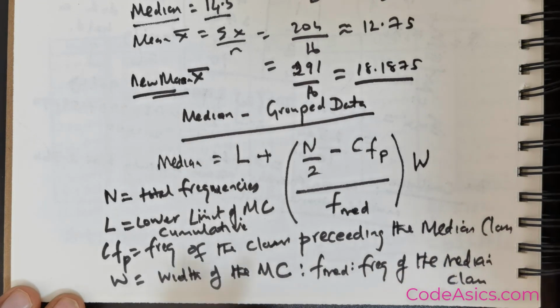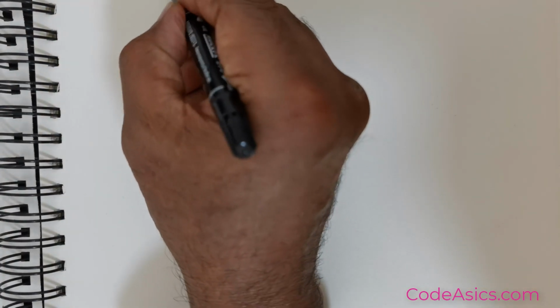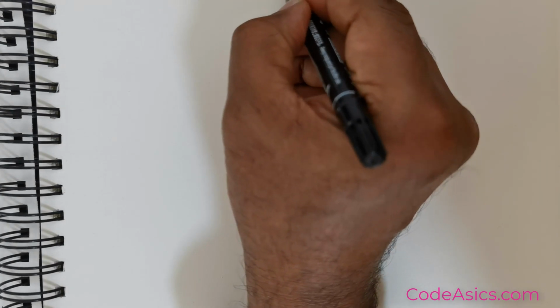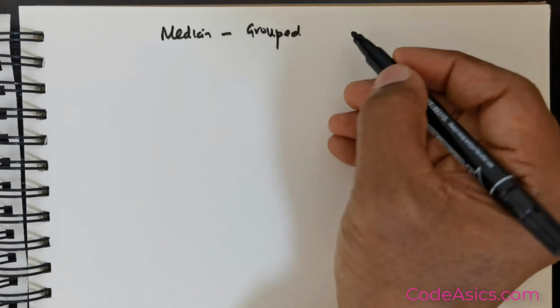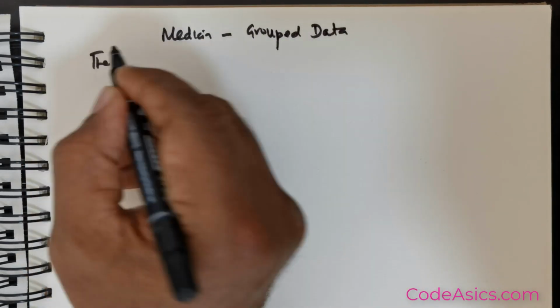and the best way to understand this is via an example. Okay, so this is the requirement. We are expected to find the median of the grouped data. And this is the data given.